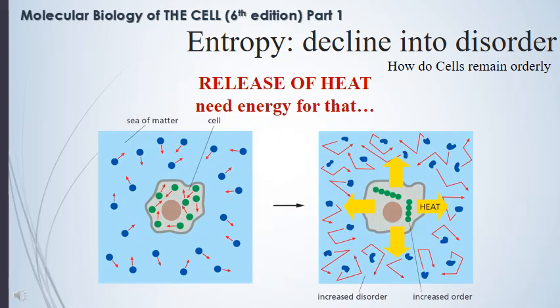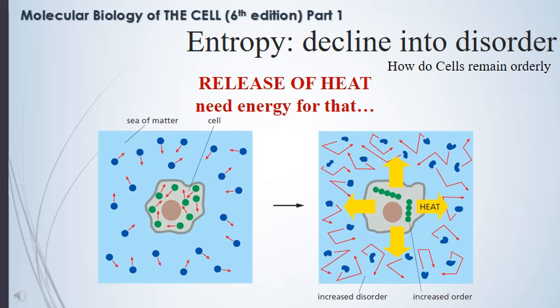So here is an interesting model, and this model very clearly illustrates one way of how cells can remain orderly while not violating the laws of thermodynamics. So when we have a reaction that results in formation of a polypeptide chain, for example, that reaction results in generation of water and heat.